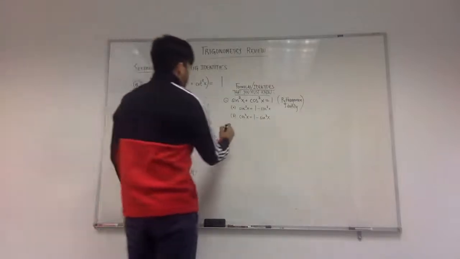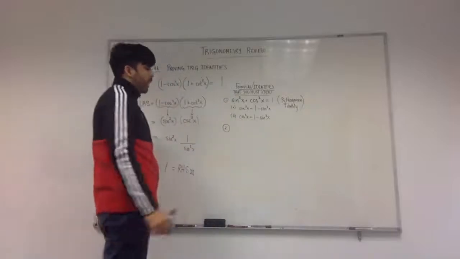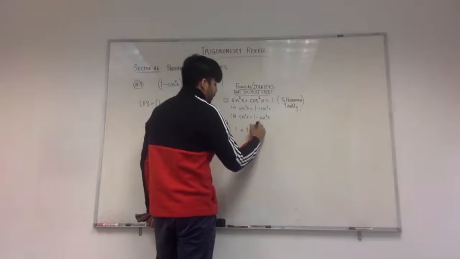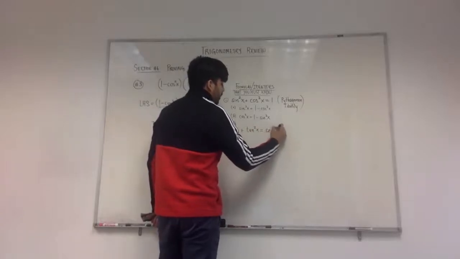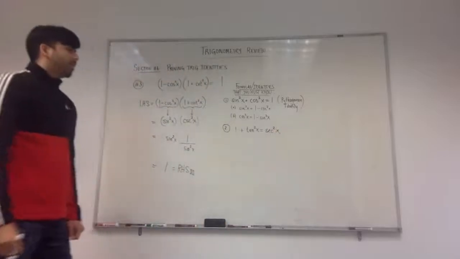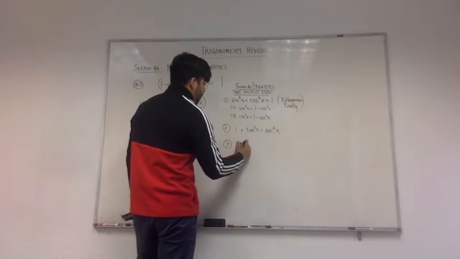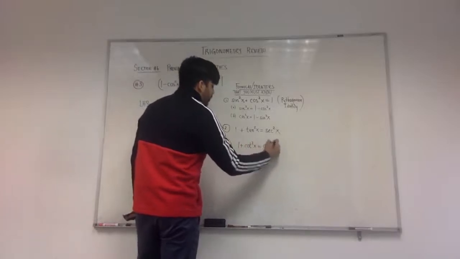The second thing I should know, and from the same identity, I can divide everything by cosine squared x, and I'm left with 1 plus tangent squared x equals secant squared x. And similarly, 1 plus cotangent squared x equals cosecant squared x.